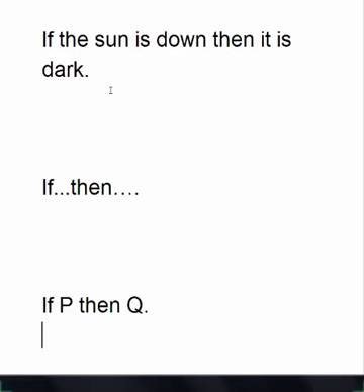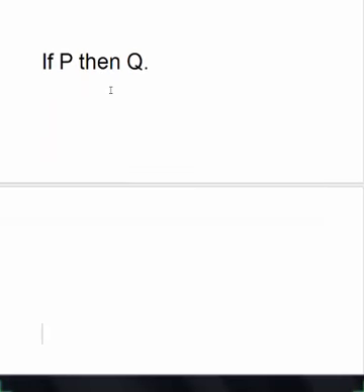So if P then Q, right, let's go back to our basic thing. If P then Q, all right? If I say P, which is just shorthand for asserting P is true, then what follows? Think about it.